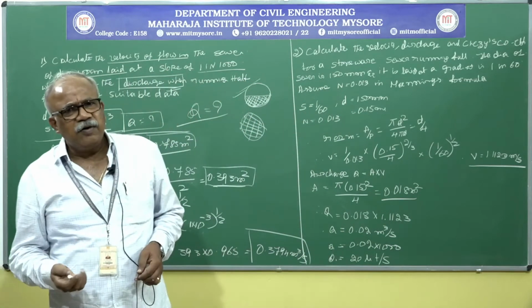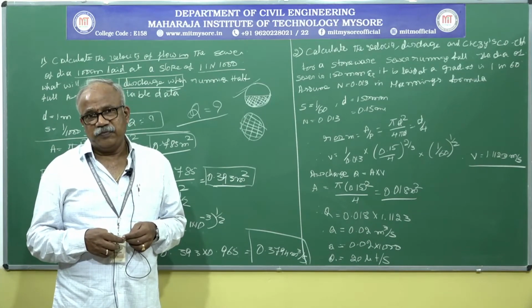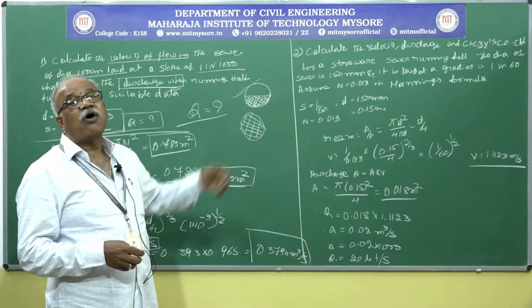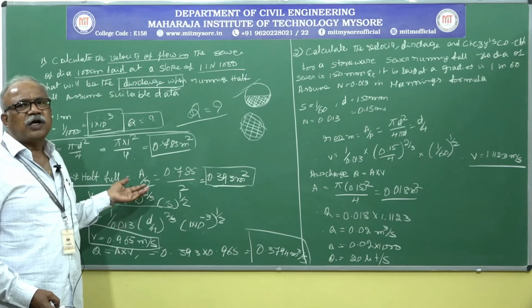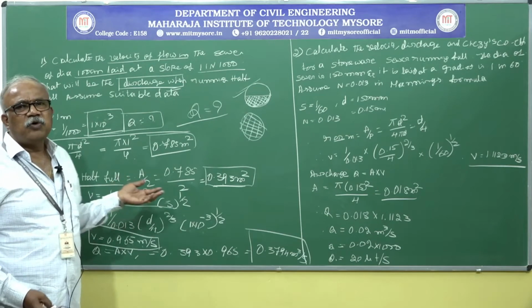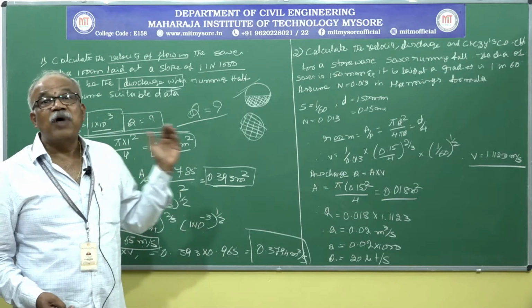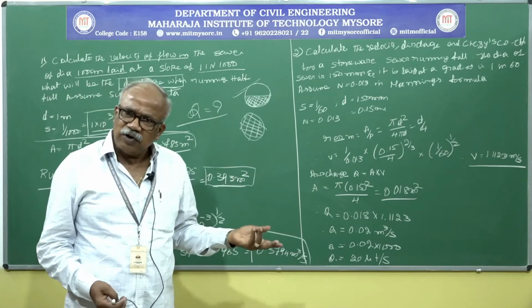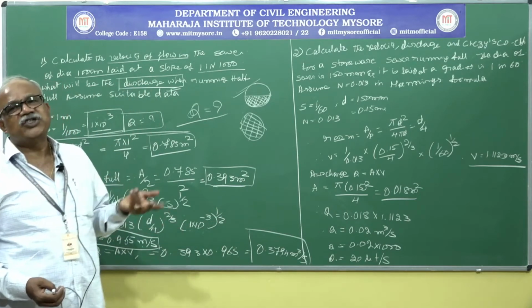So if it is given, easily you can calculate the area of flow, or the area of the conduit. After knowing this, easily you can solve this problem using Manning's equation. We can calculate the velocity. Area we know, velocity we know.